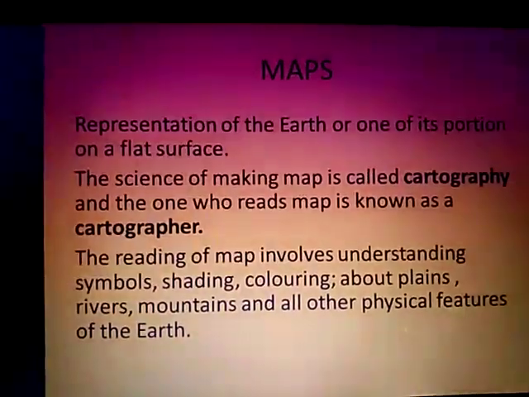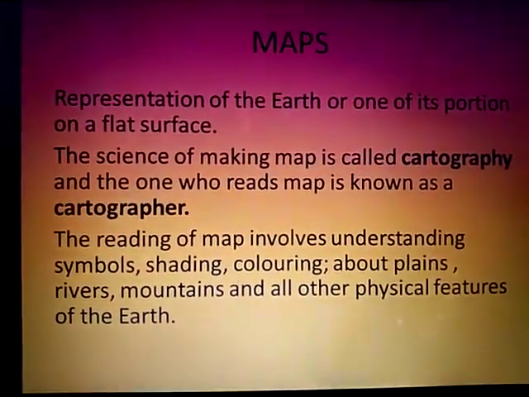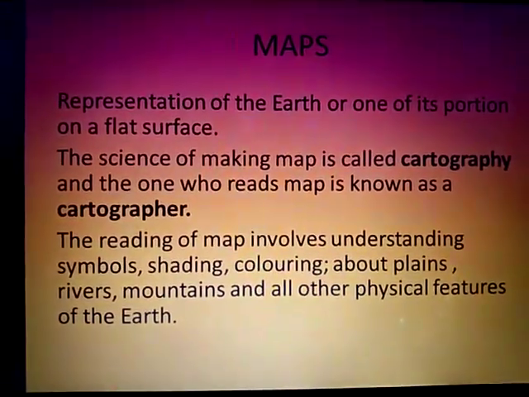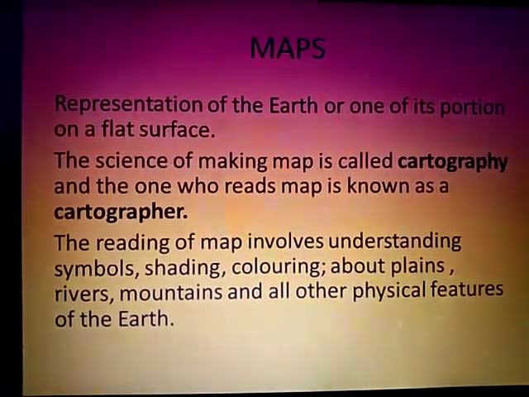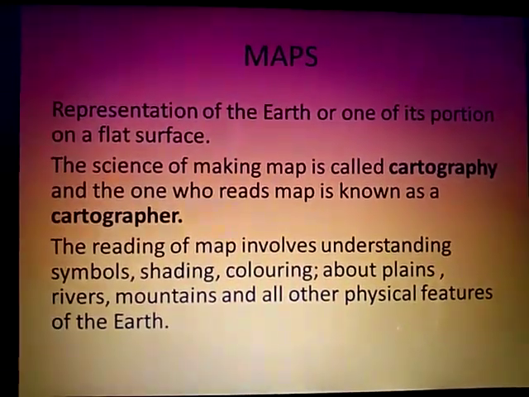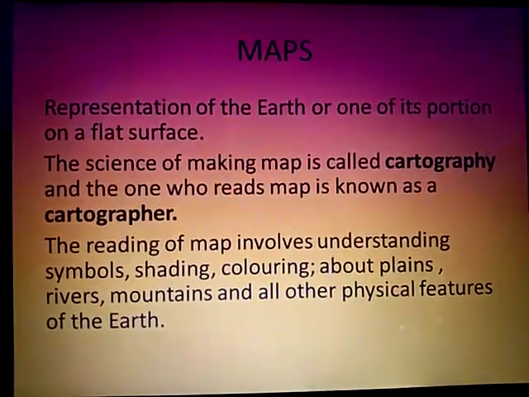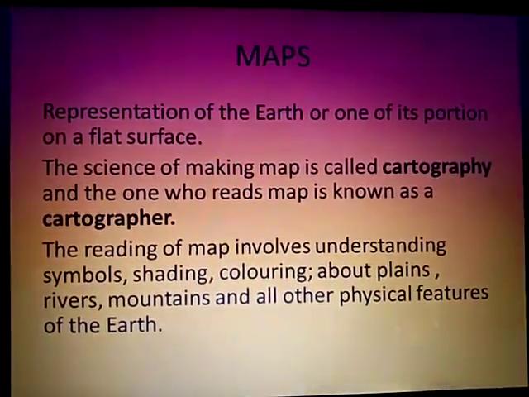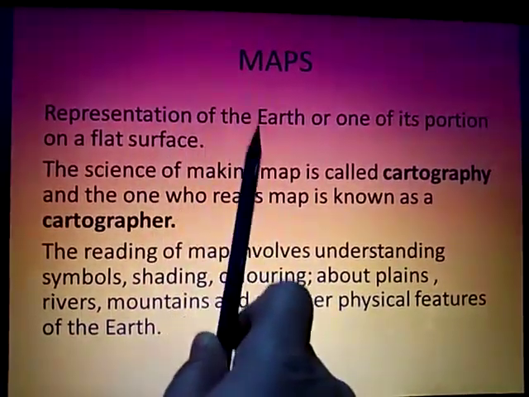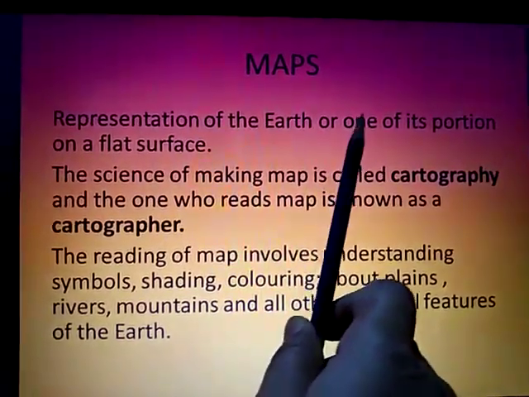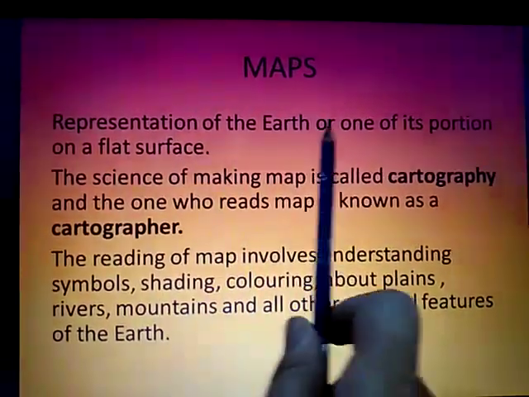Moving on, next are maps. On the earth or the globe, we are not able to see the places in detail, so we use maps. Now, what are maps? Maps are the representation of the earth or one of its portions on a flat surface.